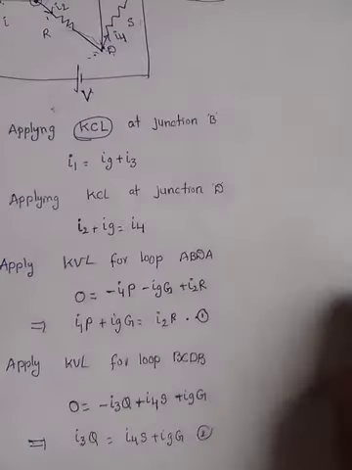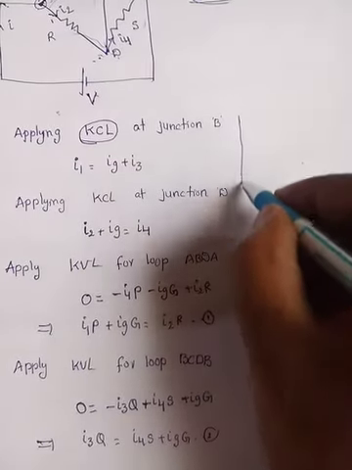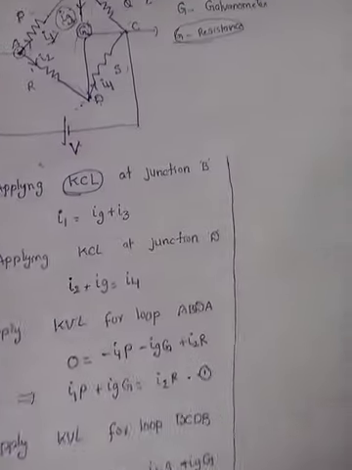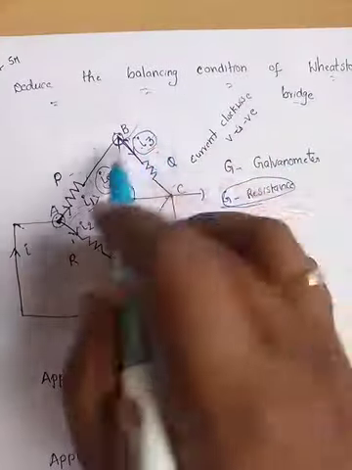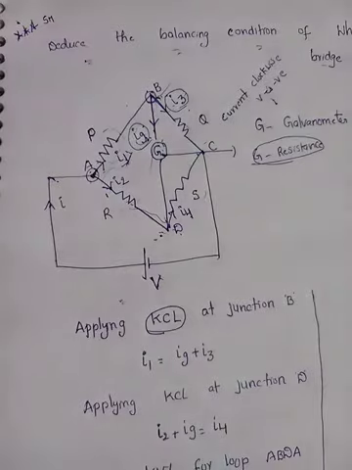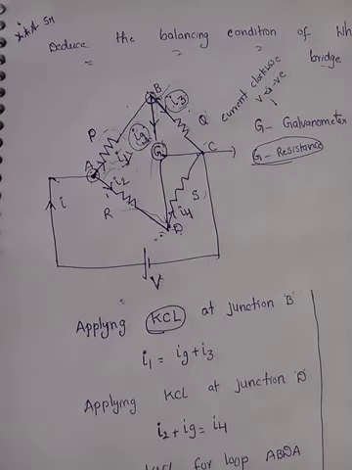Now there is one important condition of Wheatstone bridge, that is the balancing condition. See, when the bridge is balanced, have you seen? When both sides are equal, the pointer shows zero deflection, right? When there is more weight, then it deflects towards that side, right?